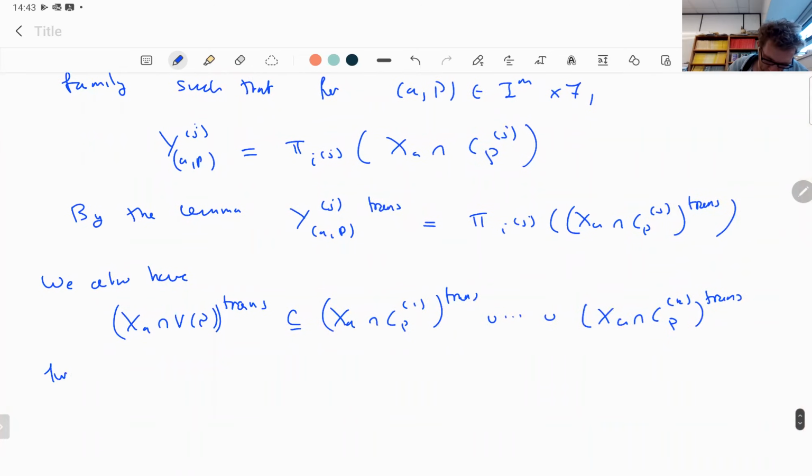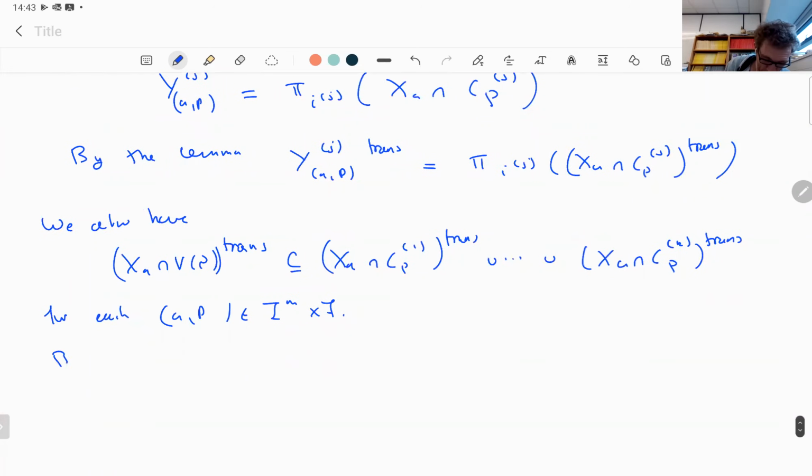For each AP, now by the induction hypothesis, I can do the counting on these. So there exists a C. Well, I get one for each J, but then I can take the maximum of them over the J's.